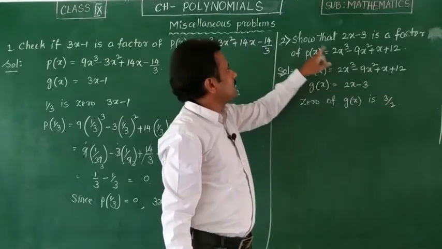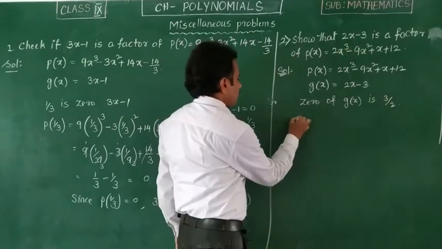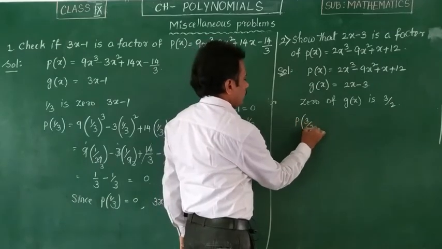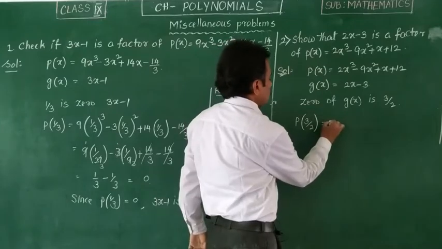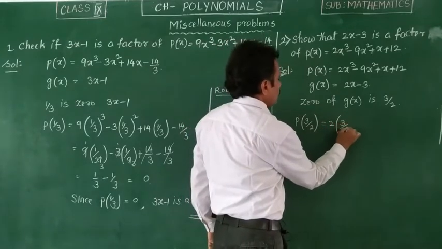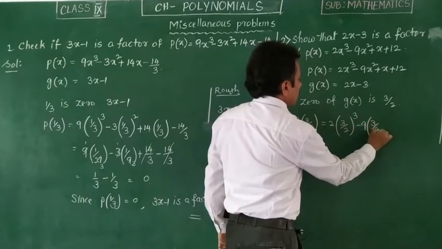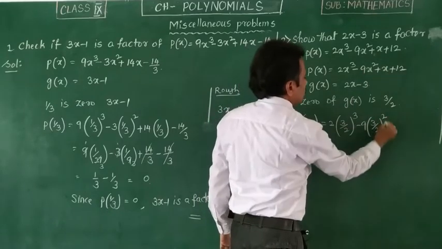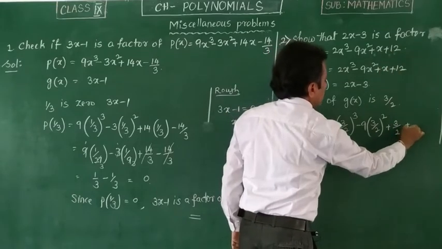So definitely we get 0 because it is already asked to show that. So now p of 3 by 2 equals to, wherever x is there you need to substitute 3 by 2. That is 2 into 3 by 2 whole cube minus 9 into 3 by 2 whole square plus 3 by 2 plus 12.